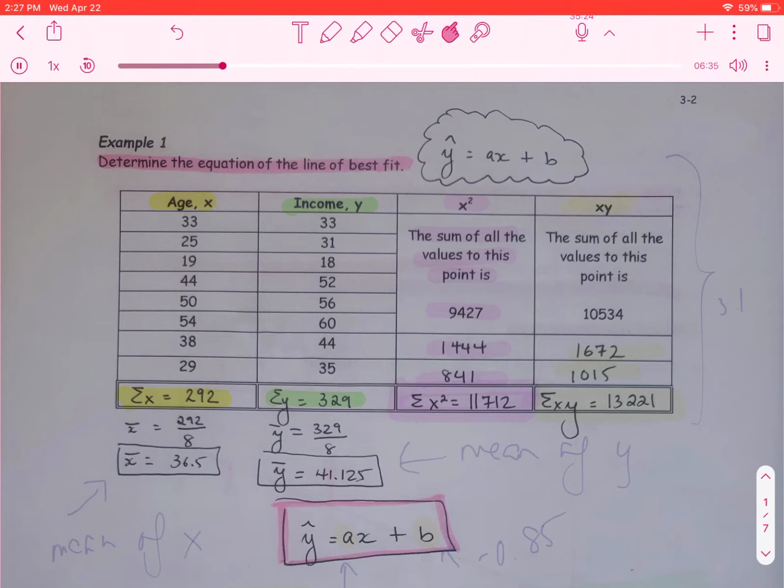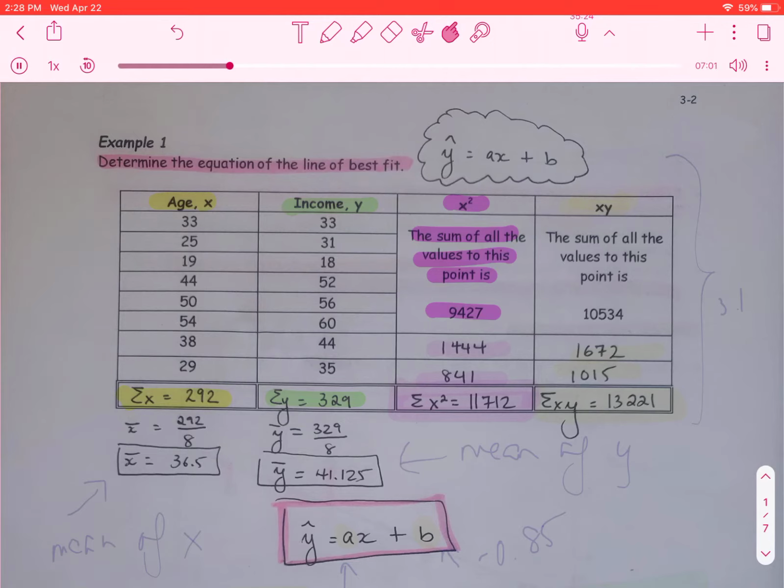And then to make life a little bit easier for you, for your x squared and your x times y, this says the sum of all the values to this point is 9,427. So that means we did 33 squared plus 25 squared plus 19 squared plus 44 squared plus 50 squared plus 54 squared. That's just to make your life a little easier, up to this point this is what the value would be.